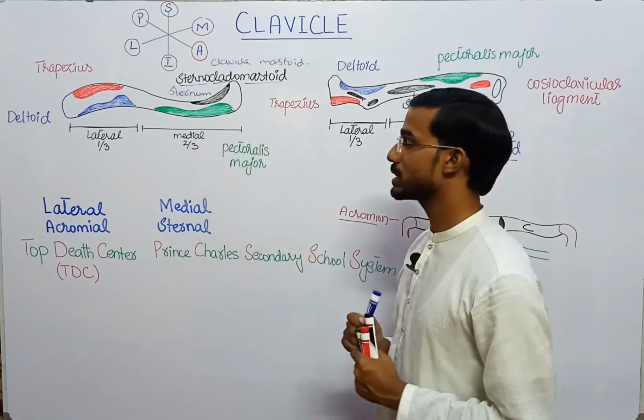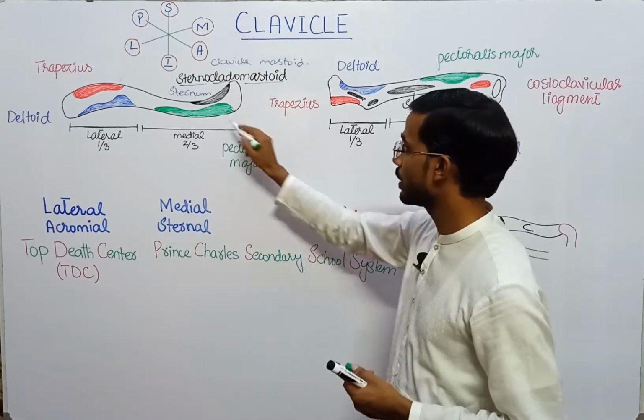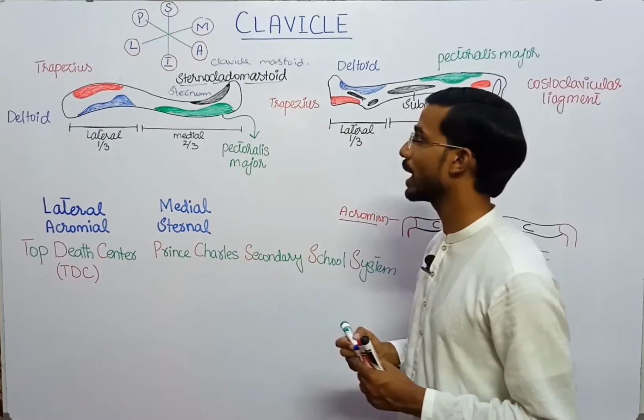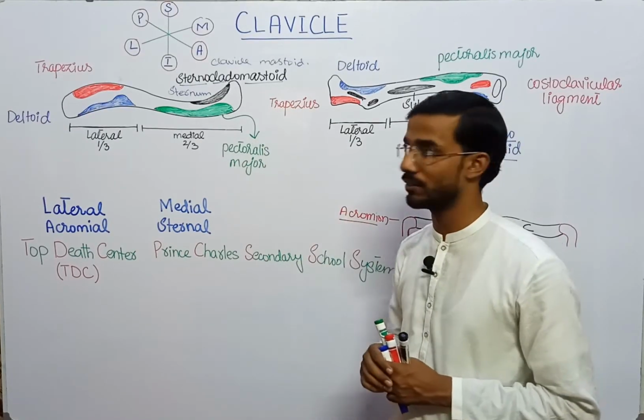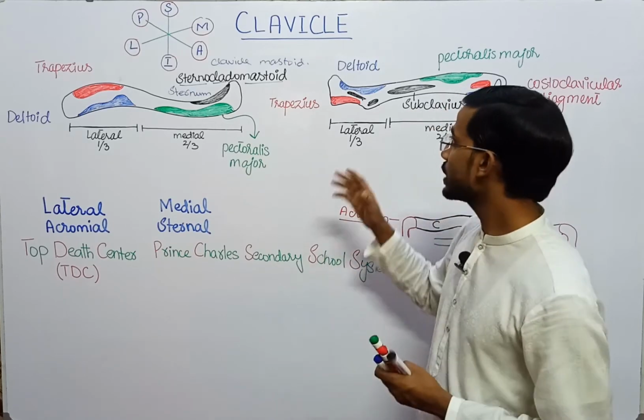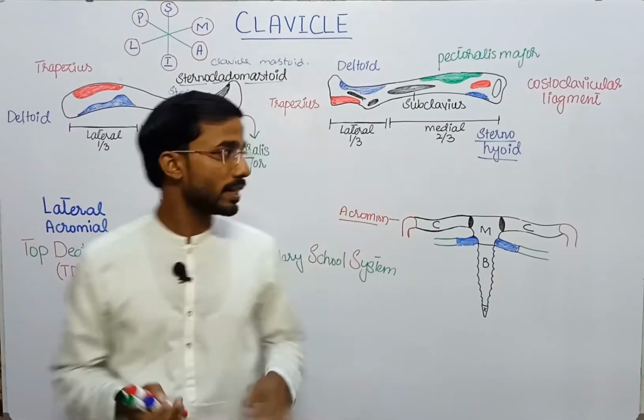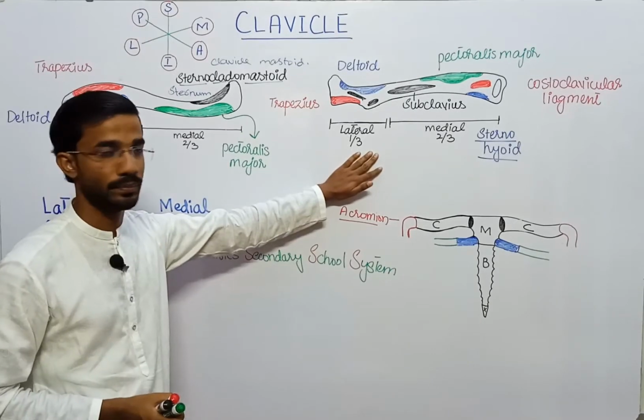And another muscle is the pectoralis major, attached at the superior side of the clavicle. Actually, this is the inferior side.